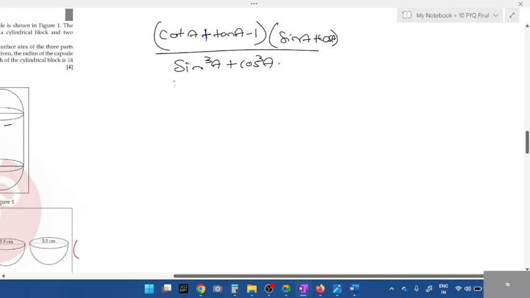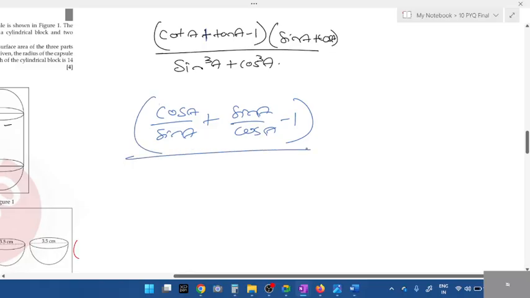Completed? How do you convert cot in terms of sin and cos? Cos A by sin A plus sin A by cos A minus 1, equals sin A plus cos A.